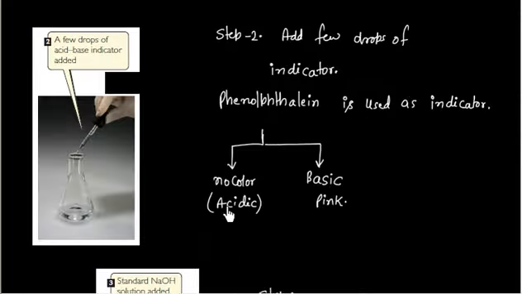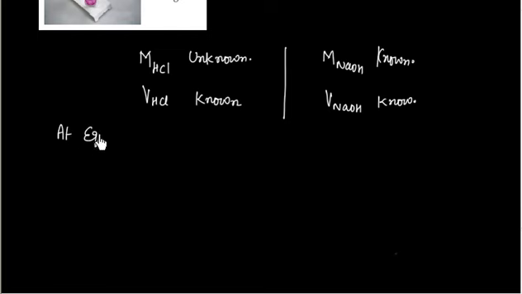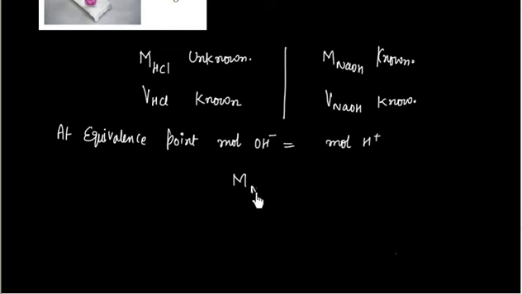So at the neutralization point, or equivalence point, moles of OH minus equal moles of H plus. Moles of H plus, that is moles of HCl, is M into V. So moles of OH minus is M_NaOH into V_NaOH, and this equals moles of H plus, that is M_HCl into V_HCl.